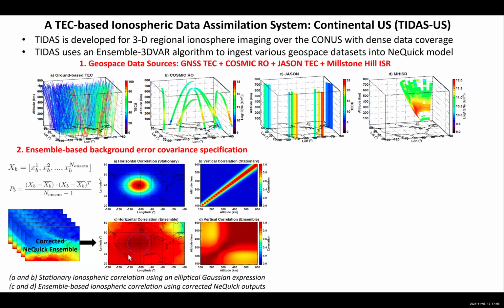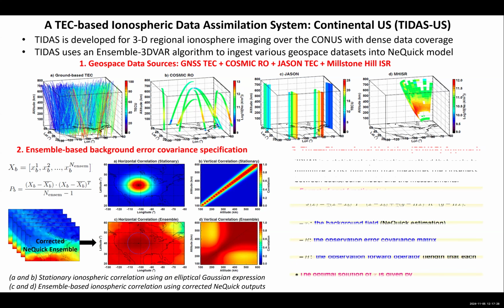Like what we show here in panel C and D, we can see that it's anisotropic, it's not homogeneous. So there is some difference between the stationary one and our background error covariance. It's non-static, it's location dependent.